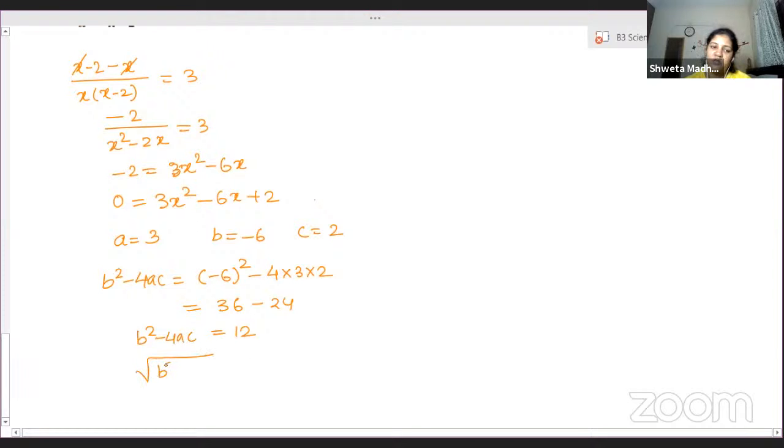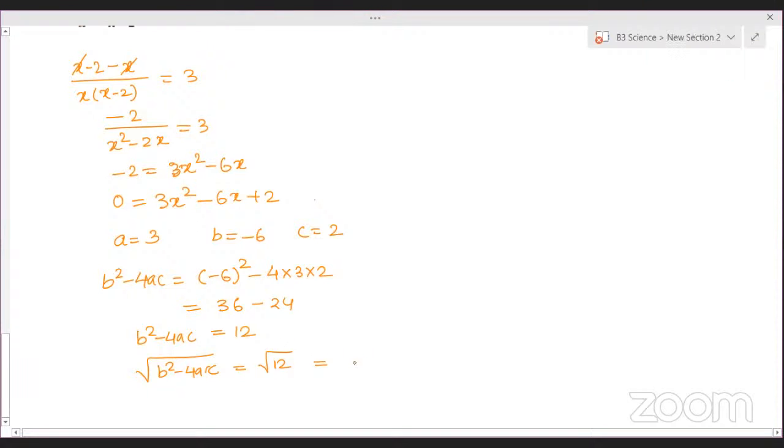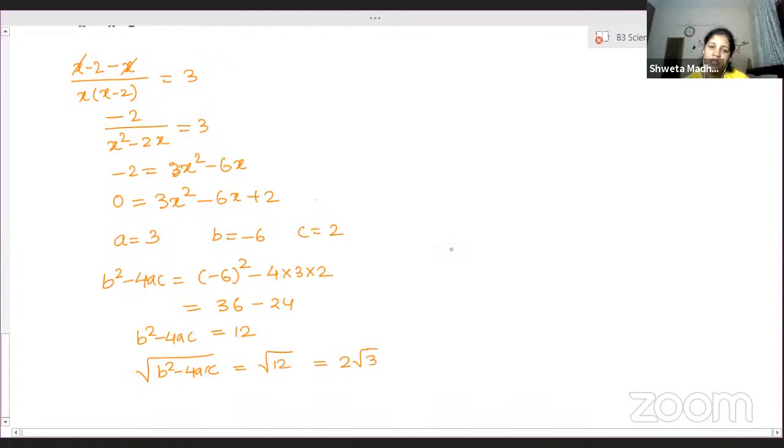Then square root of B square minus 4AC is square root of 12. Square root of 12, if you want to write in mixed form, then 2 root 3. And then now use the formula. X is equal to minus b plus minus square root of b square minus 4ac by 2a.